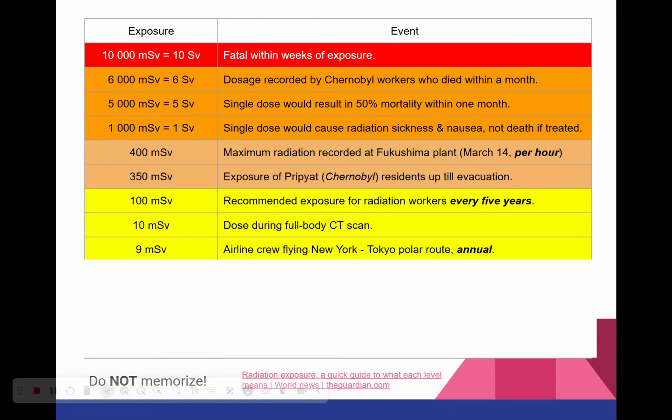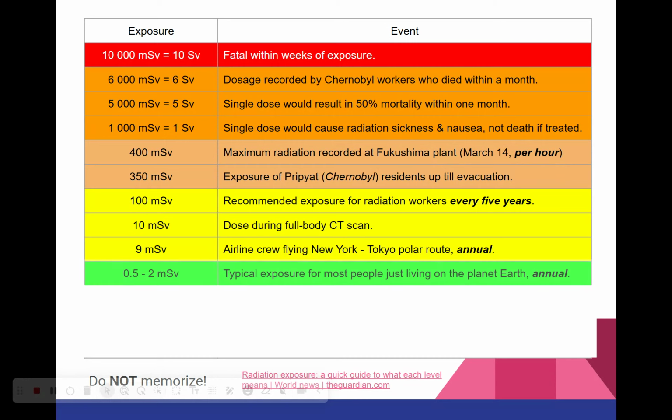It might also be that, like in the example of an airline crew, they're actually mandated to take a certain number of months off every year where they can't be flying, because up at those high altitudes they're being exposed to more radiation.